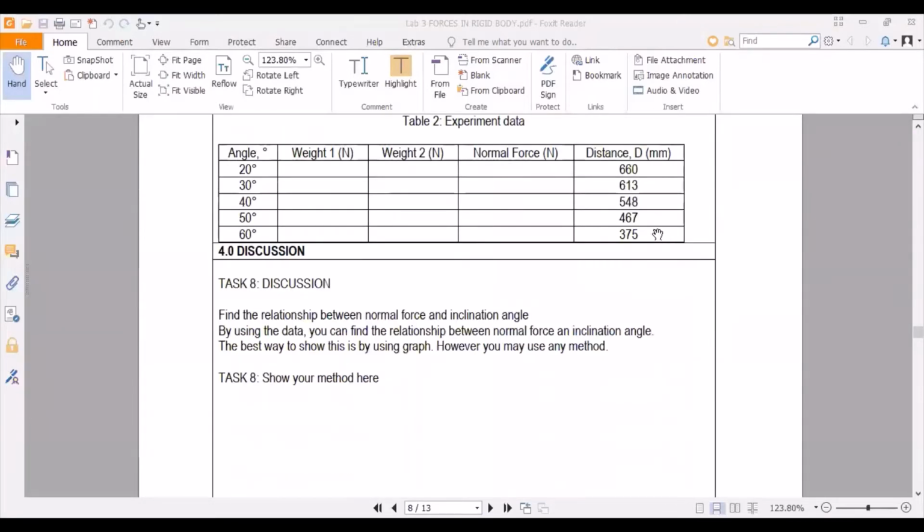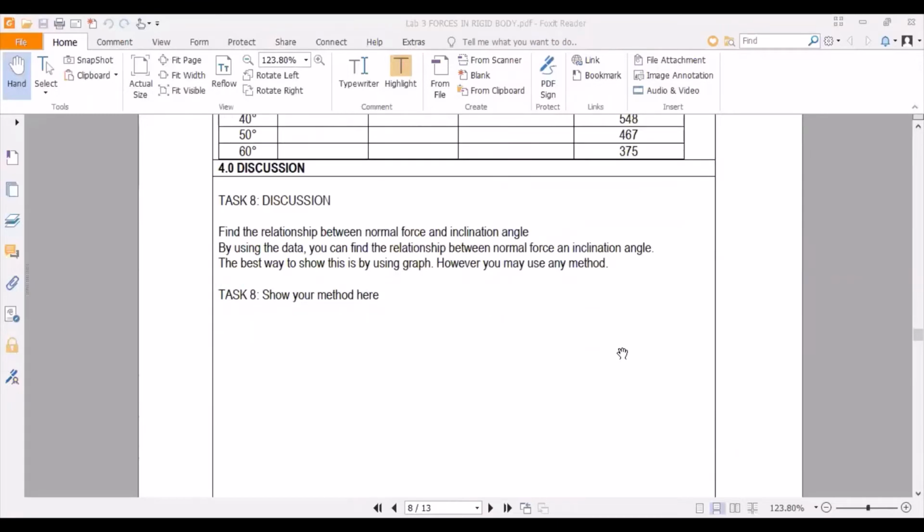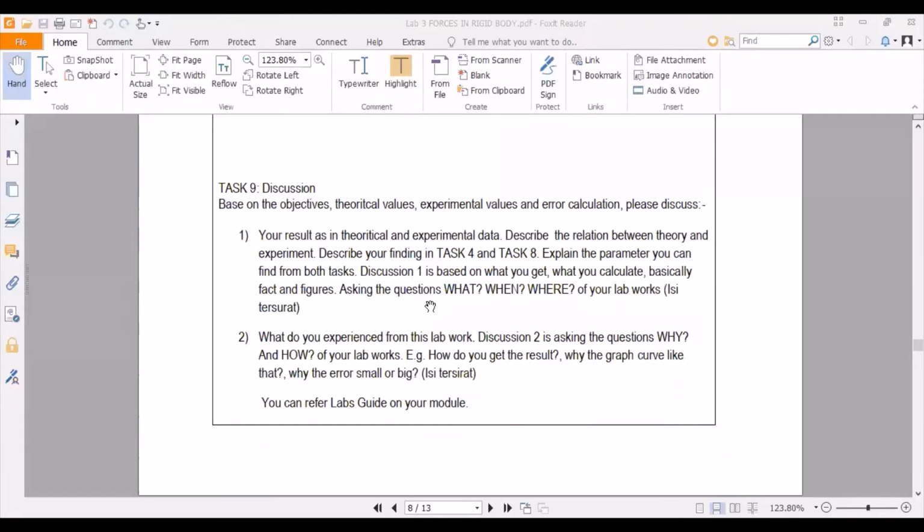And then the result will be shown by video. Please complete task 8 after the experiment data is collected. Find the relationship between normal force and inclination angle. By using the data, you can find the relationship between normal force and inclination angle. Show it here and discuss.